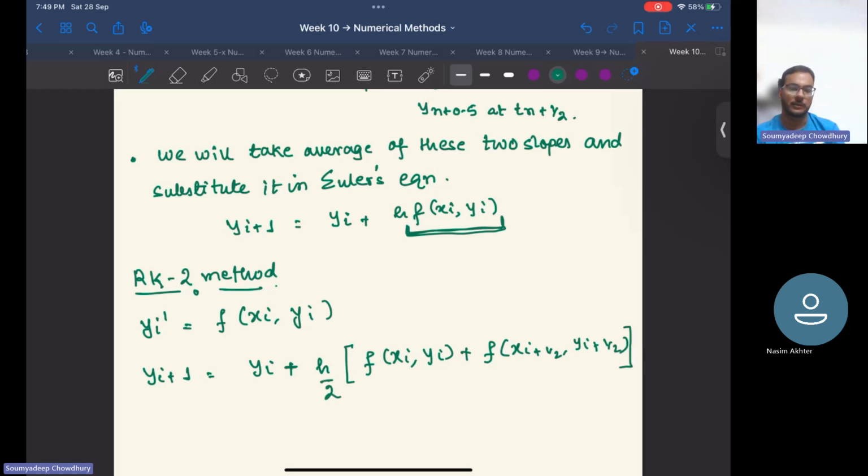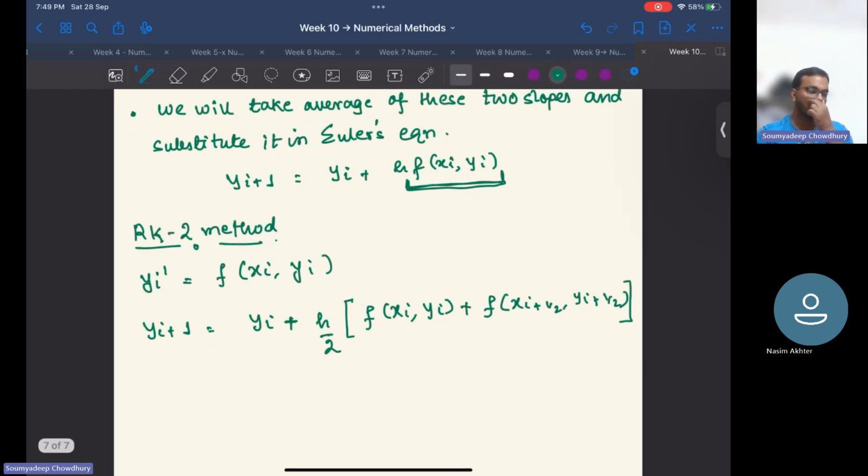So this is my equation, right? This is the equation for your RK2 method. This RK2 method is also known as Heun's method. Just remember these names, otherwise it may be asked in the question.